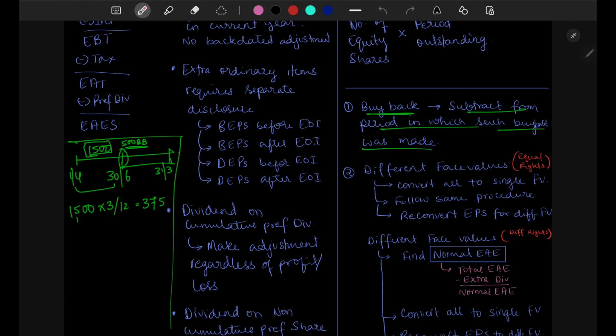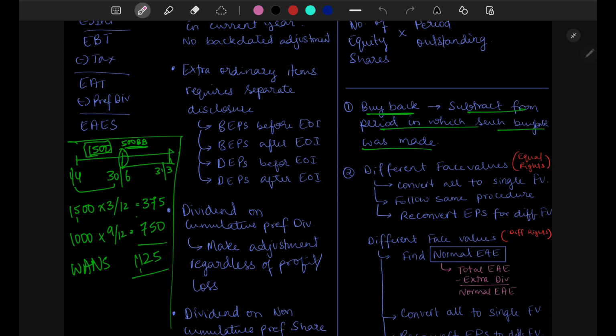So only 1500 minus 500, only 1000 shares existed for the remainder. So 1000 into 9 by 12 comes out to 750. So the weighted average number of shares will be 375 plus 750, which comes up to 1125.